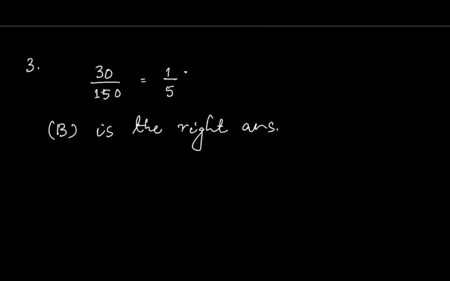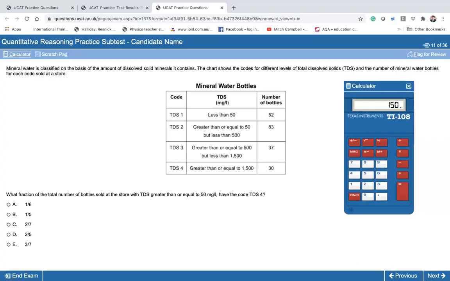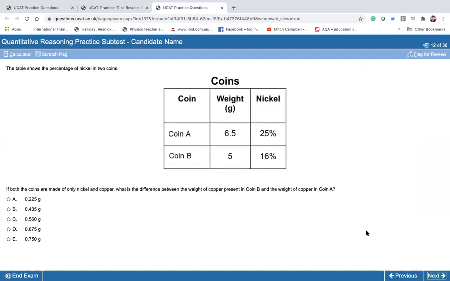All right, let's look at next question. This is question number 4. It says, the table shows the percentage of nickel in 2 coins. So you see you have coin A and the weight is 6.5 grams and the percentage of nickel is 25%.